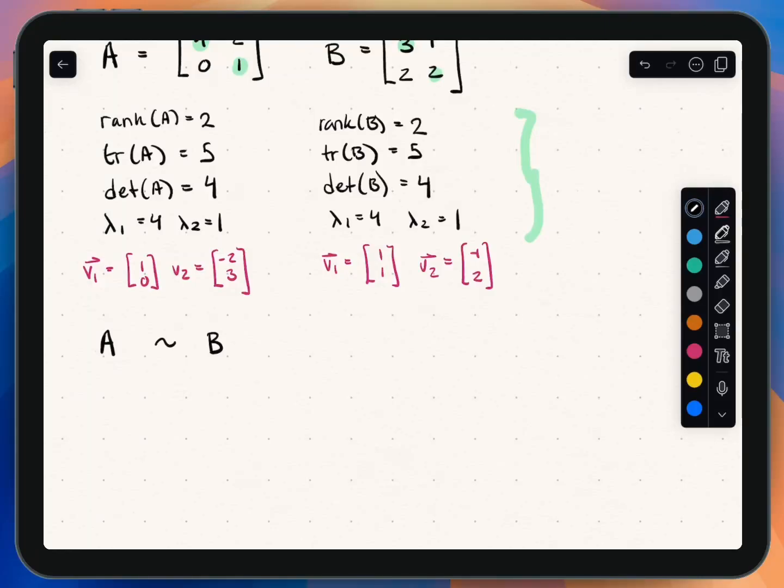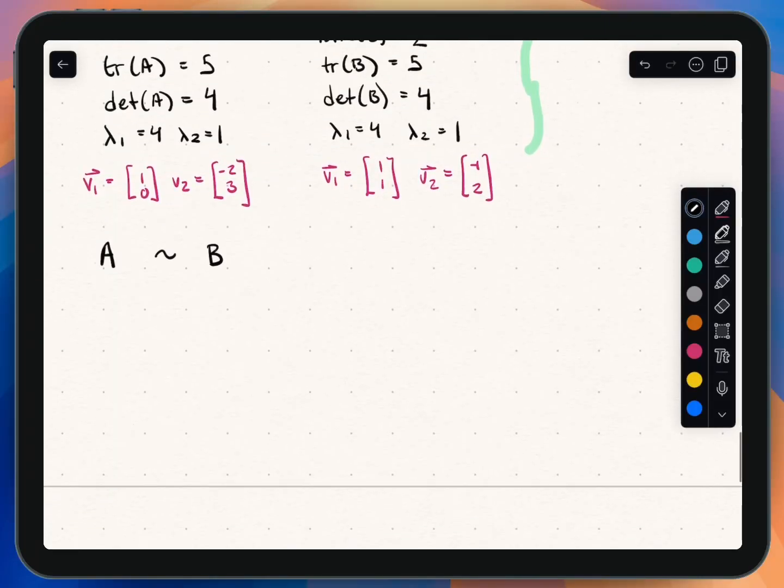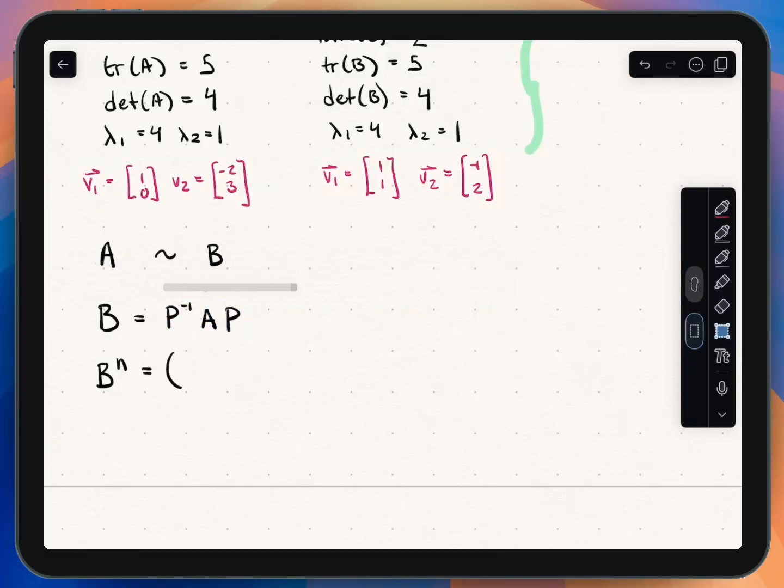And what's really cool too is that if we know that A and B are similar, we also know that their matrix exponentials are also similar. Because if we know that B is equal to P inverse A P, and then I want to ask, okay, what is B to some power n? Well, this is just going to take this part right here, and we're going to multiply it n times.